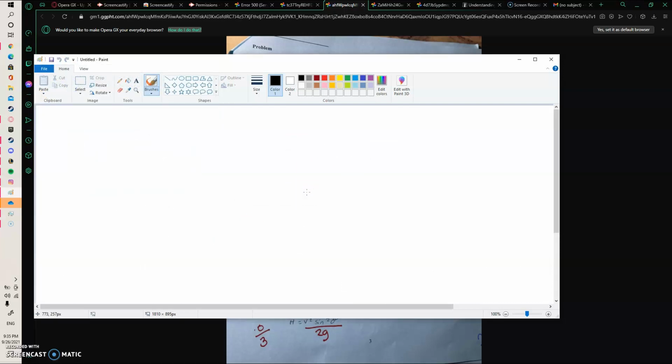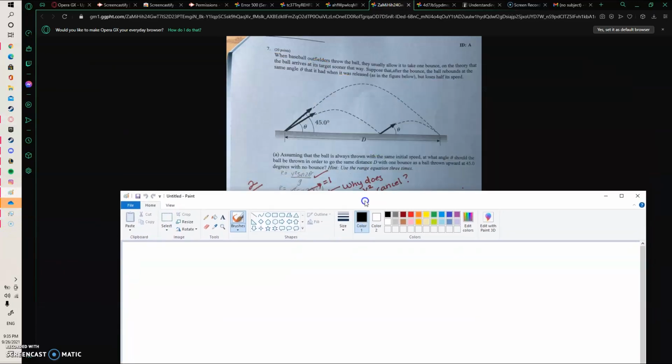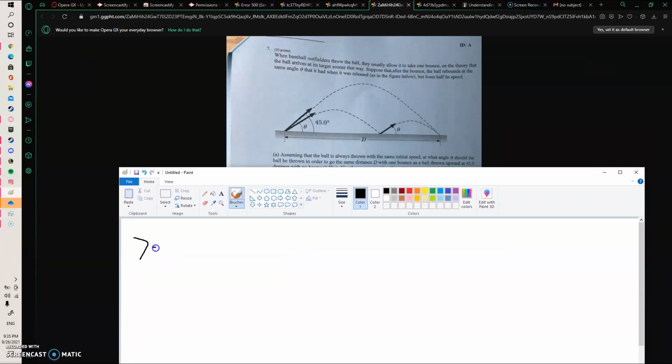Moving on to the next question, question 7. I actually did this incorrectly because I cancelled v squared over g for some reason. I don't really remember my thought process for that, but we're just going to redo it now. 7a.